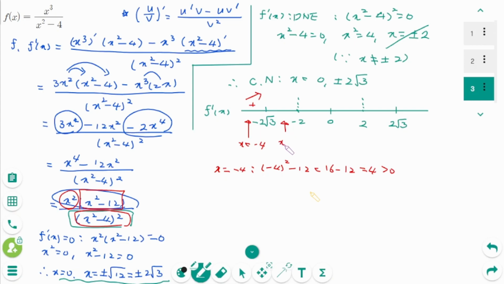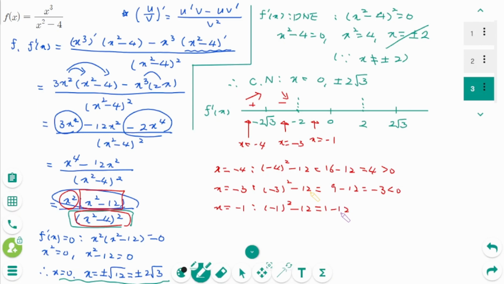When the testing number is minus 3, minus 3 squared minus 12 equals 9 minus 12, which is negative. When the testing number is minus 1, minus 1 squared minus 12 equals 1 minus 12, which is negative.